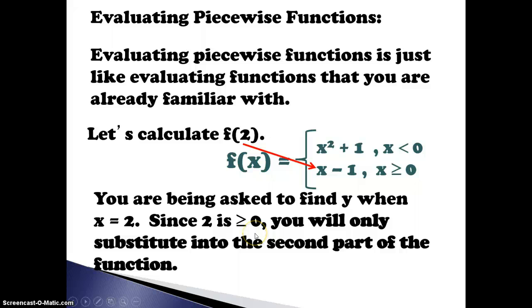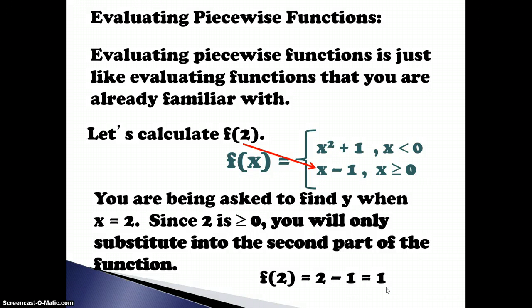Since 2 is greater than 0, you will only substitute that into the second part of the equation. I don't care about when x is less than 0. So I'll substitute it into our second equation, and I'll get f of 2 is equal to 2 minus 1, which is 1.